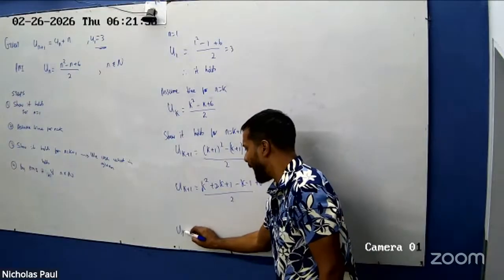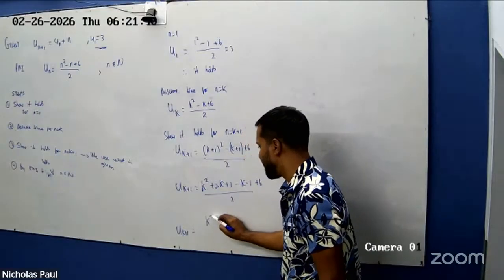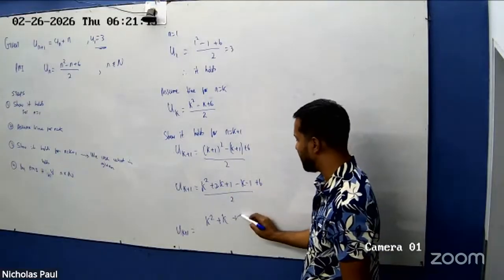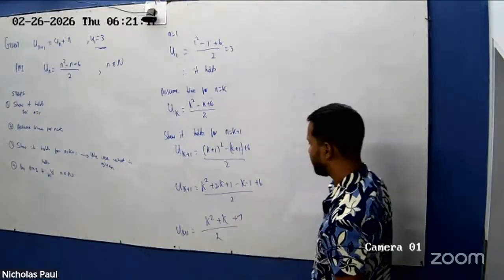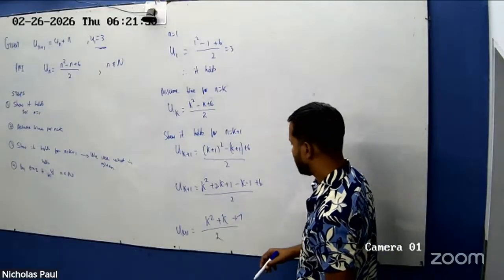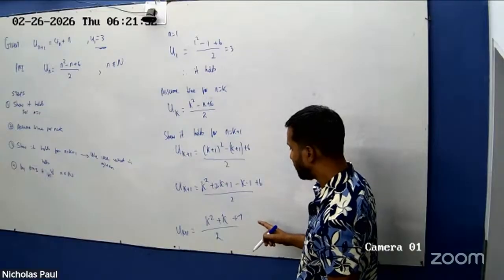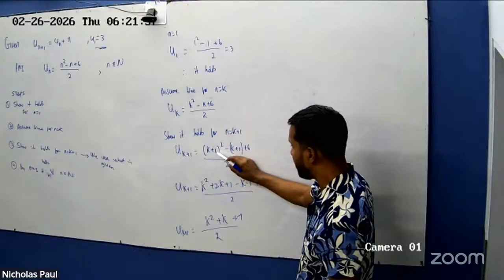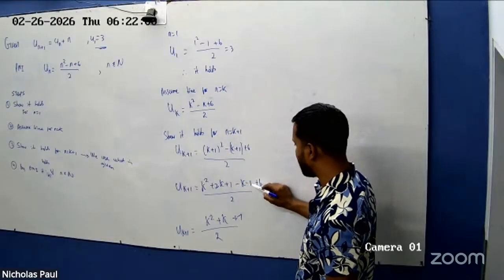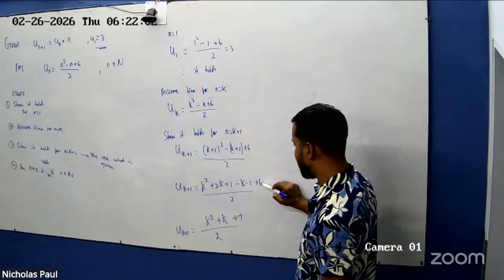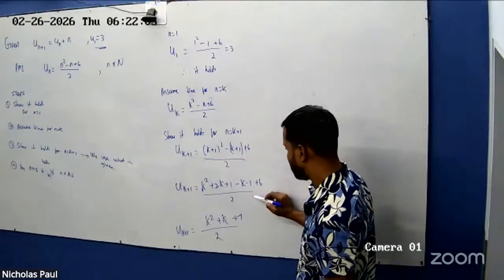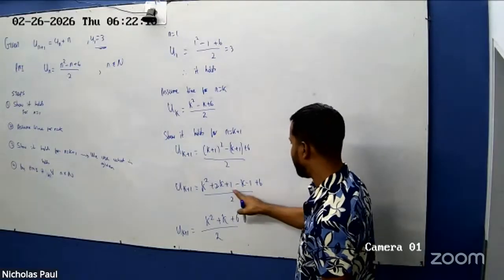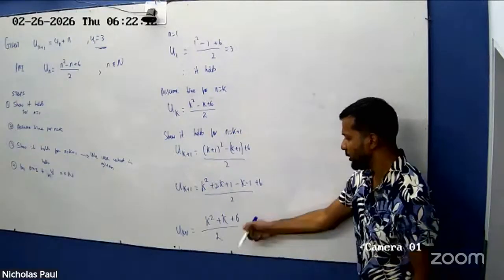So now I know that u to the k plus 1 is k squared plus k plus 1 plus 6, is 7, all over 2. K squared plus 2k plus 1 minus k minus 1 minus 1 plus 5, must be 6. So we're trying to prove that.